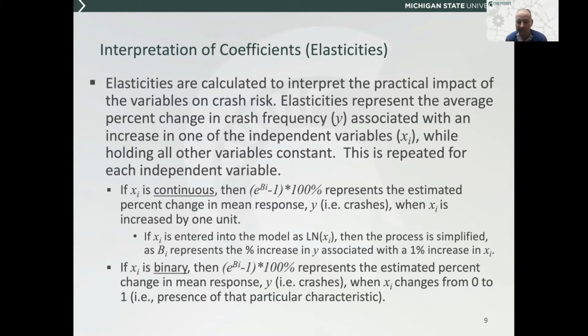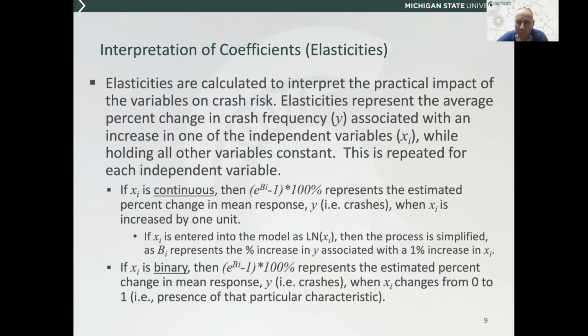If the variable is equal to 1, that beta tells us essentially what the increase in crashes would be as compared to the baseline condition where X is equal to 0 or that condition is not true, okay? We can also see continuous variables like lane width or shoulder width or whatever the case may be, where that elasticity would correspond to a 1 unit change.